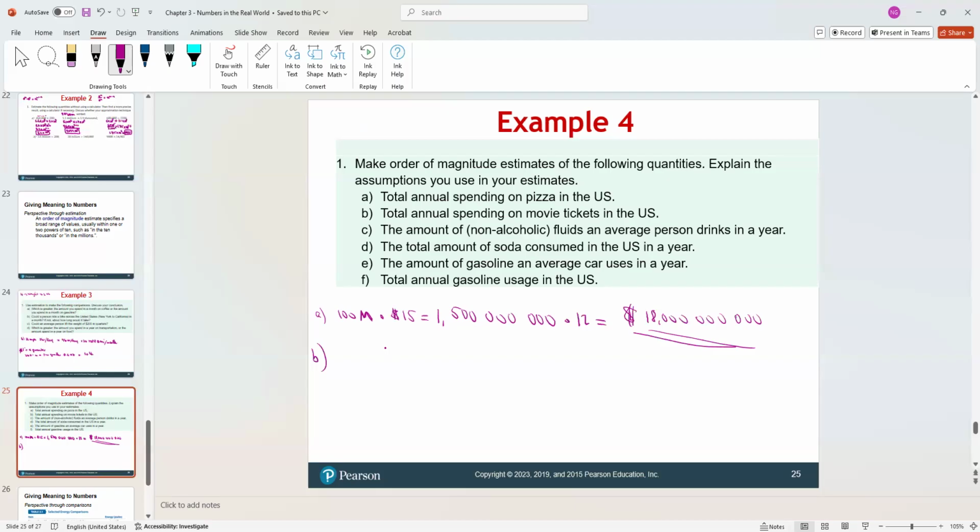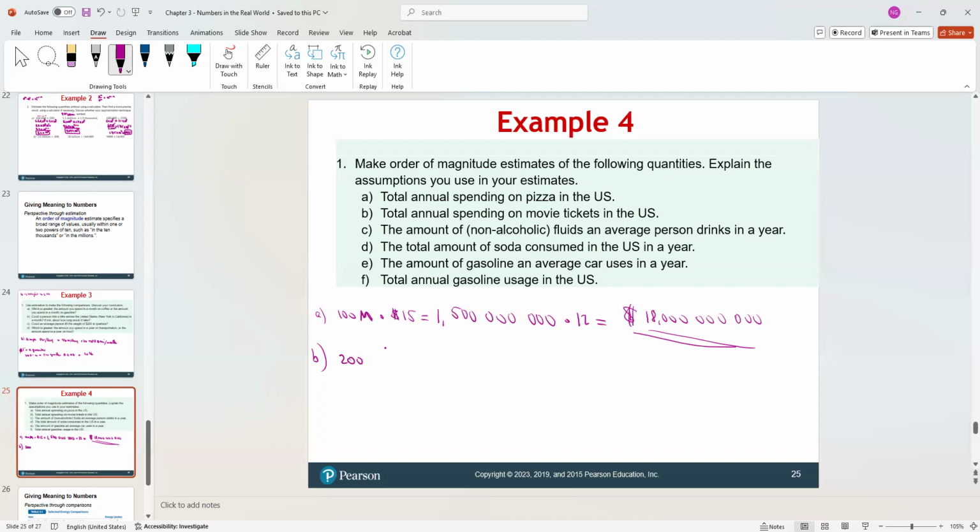Again, that should be an estimate. Let's say how many people go to the theater to watch movies. So, total annual spending on movie tickets.